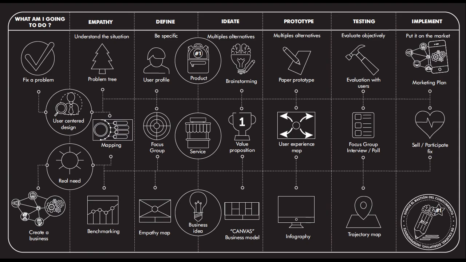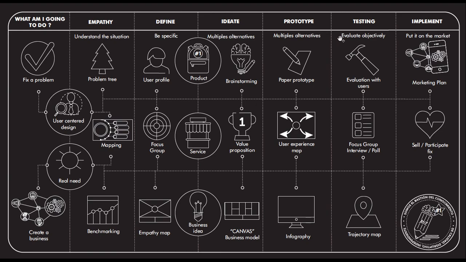This is the way. You can use different tools here, but especially value proposition, you have to use it all the time. It doesn't matter the kind of development that you are making. But this is the basic structure of how to make a project with design thinking.